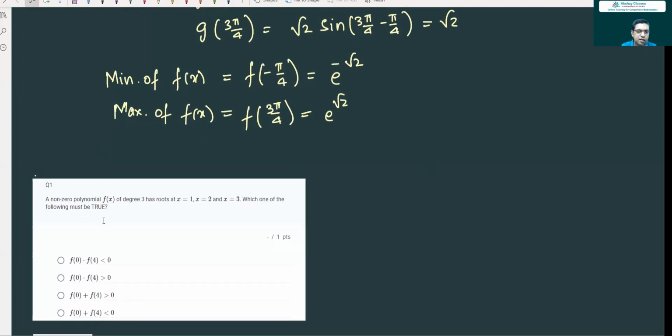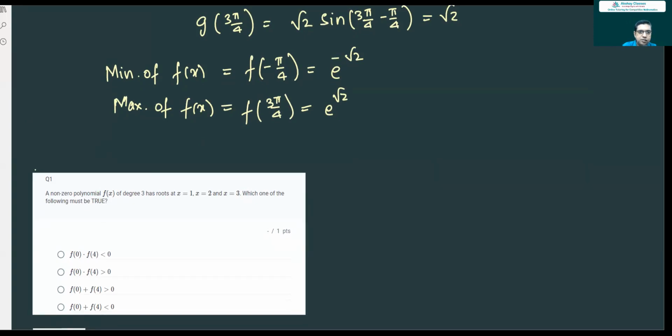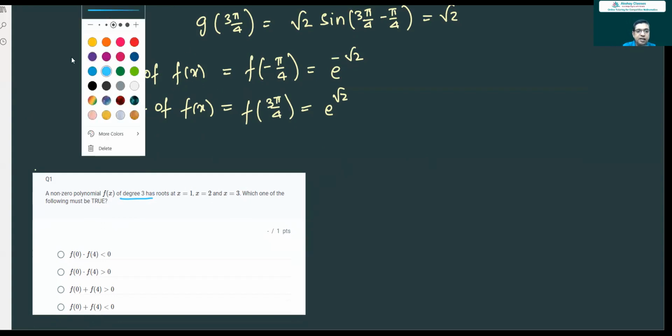Yeah. So as I explained earlier, f is of degree 3 and has roots at x equal to 1, x equal to 2, x equal to 3. So what does that mean?